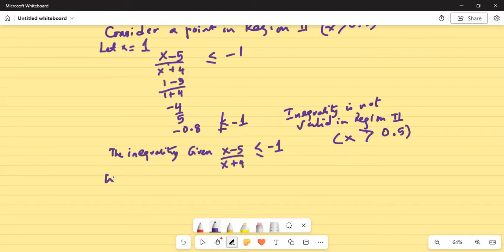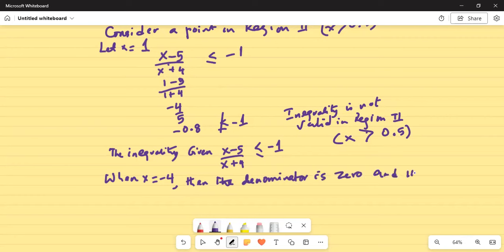Okay, when x equal to minus 4, then the denominator is 0, because minus 4 plus 4 is 0, and the left hand side of the inequality is not defined.